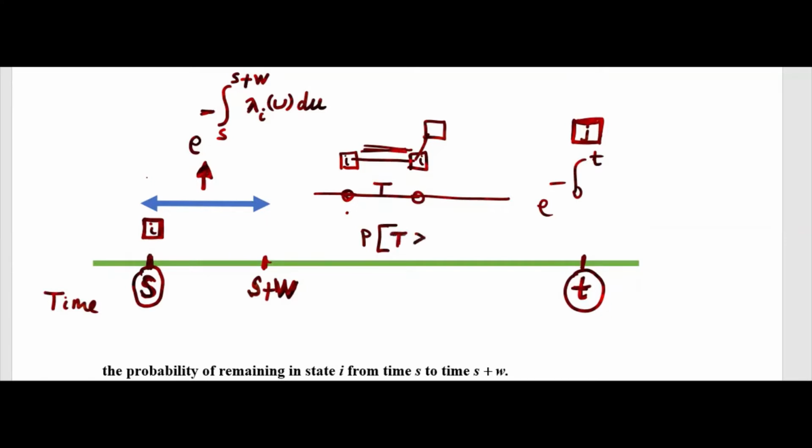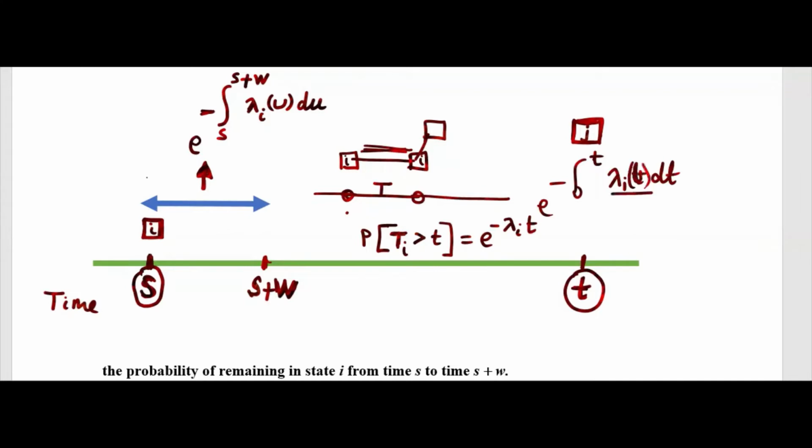We use the symbol T, right? And what was that? E power minus lambda I, lambda I T. So you can say this is Ti, the waiting time in state I. That was e power minus lambda T. Here I can write lambda I dt, and lambda I will be a function of time, so we write lambda I T dt.